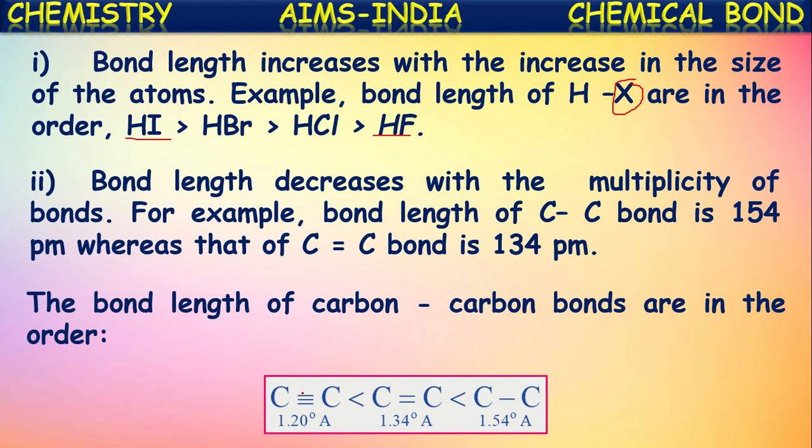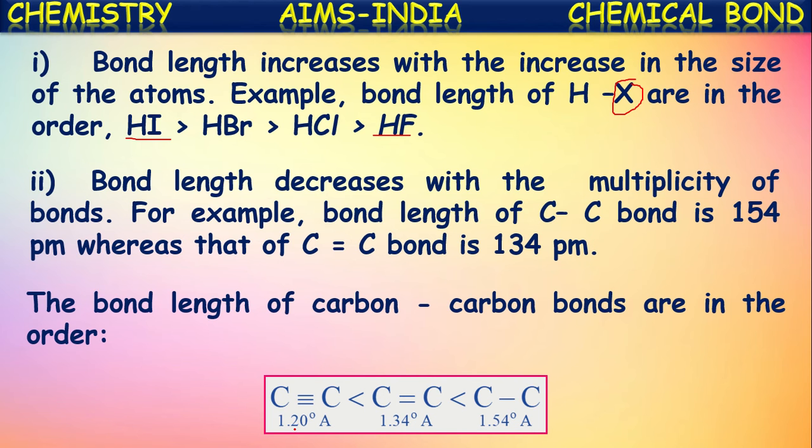If both are connected with a triple bond, meaning three pairs of electrons are shared, then these two carbon atoms come a little more closer. Hence the bond length decreases to 1.2 angstroms. Observe here, as the number of bonds increases, bond length decreases. Okay, that is said here, bond length decreases with the multiplicity of bonds.